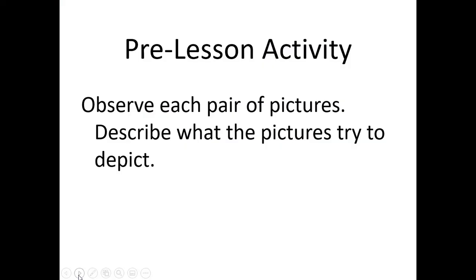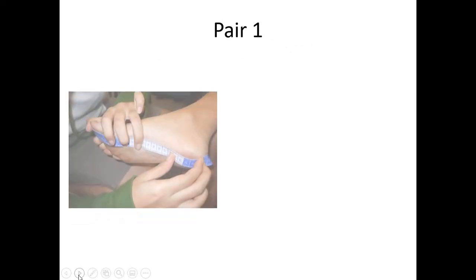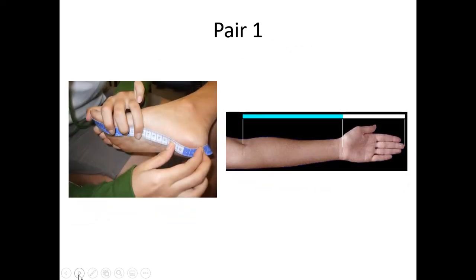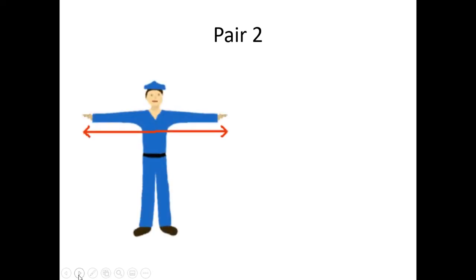Okay, before we proceed, will you please observe each pair of pictures and describe what the pictures try to depict. Let me start with picture 1. What do you think is the relationship of these pictures? Pair number 2.